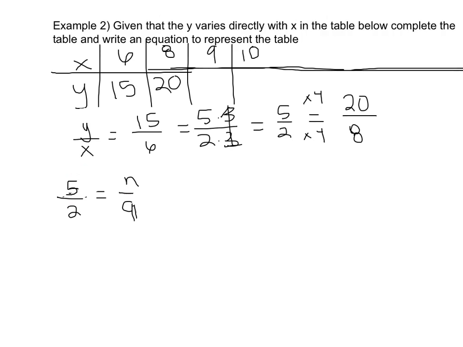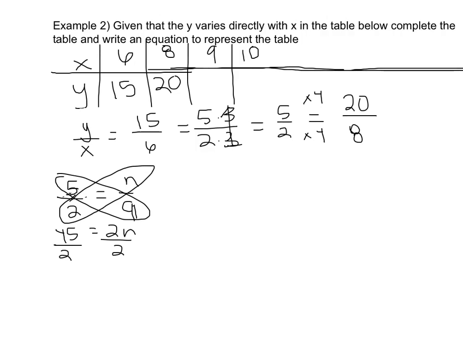When doing that, I get that 45 equals 2n, right? 5 times 9 is 45, and 2 times n is 2n. Setting the cross products equal to each other, I can divide both sides by 2. So I get that n equals 45 halves, and I can just use that.